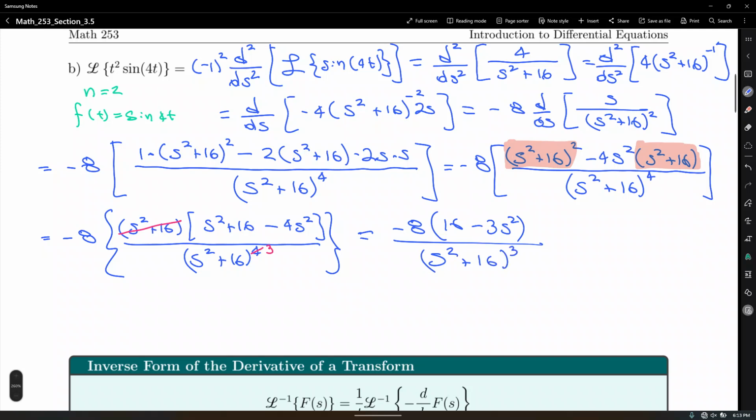There's not much more to do other than maybe using that negative sign to reverse the order of the terms. You don't need to actually distribute the 8, that's fine, leave it in factored form. So that is 8 times (3s squared minus 16), everything divided by (s squared plus 16) cubed.